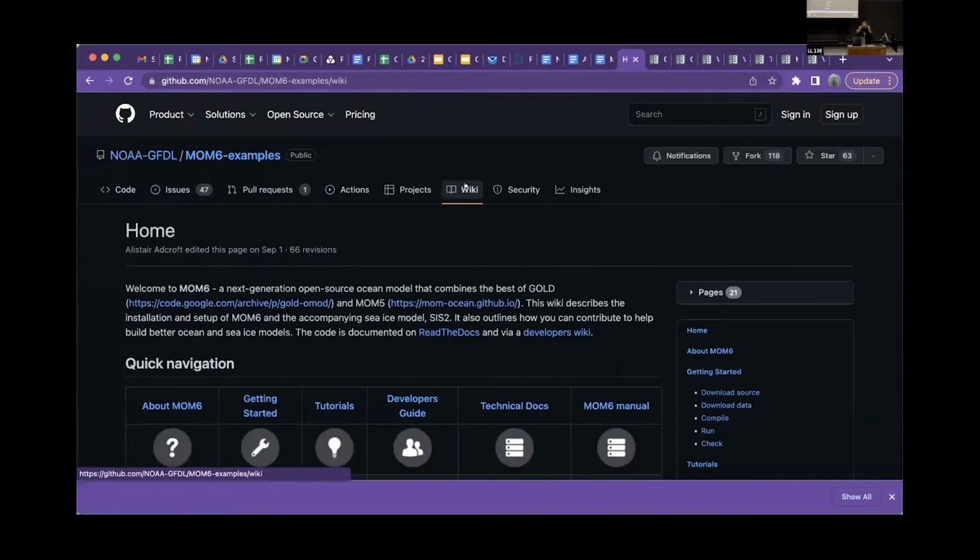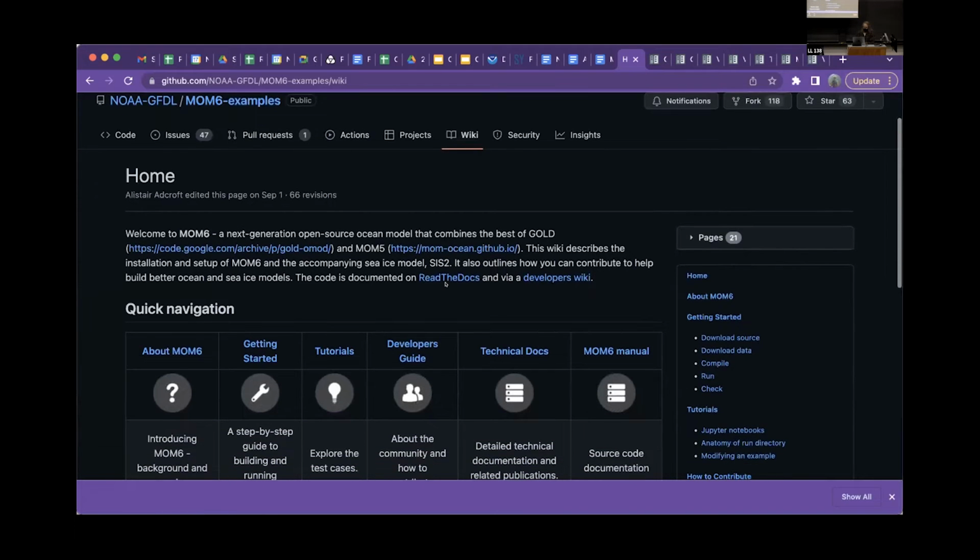Now, I think most of you know that Wiki is something that you can edit. And we really encourage people, especially new users that are coming in and find questions that are not answered, but you find the answer, to please leave breadcrumbs behind you for others to follow you.